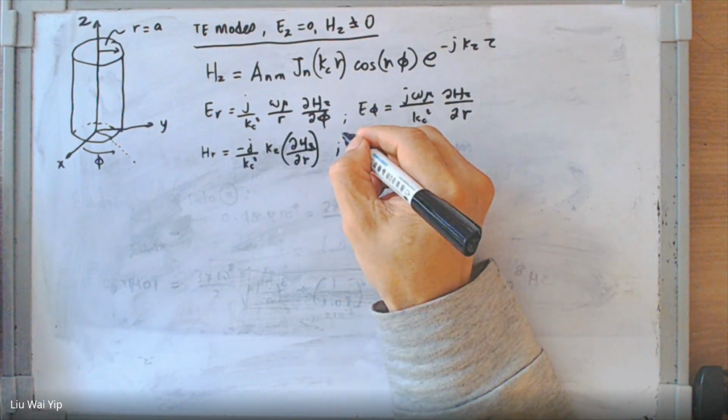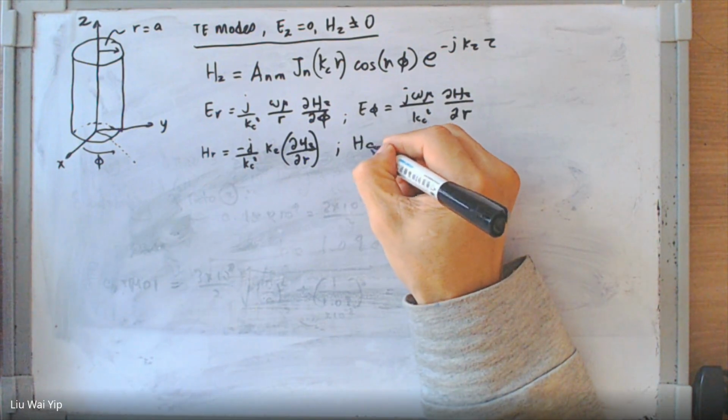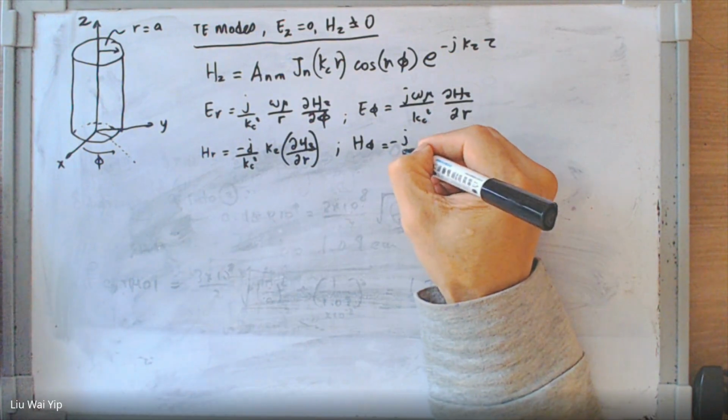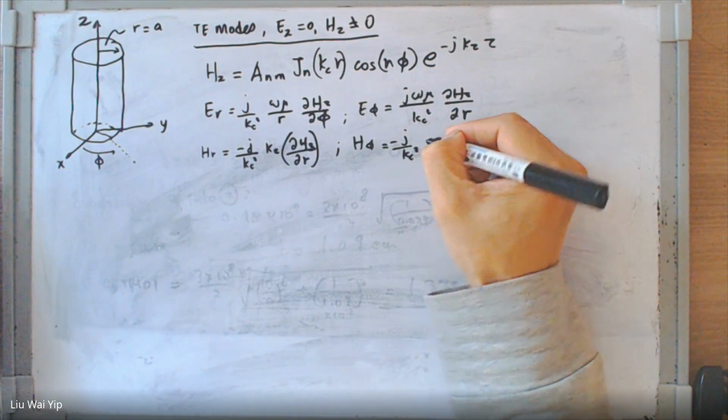And similarly for the circular magnetic field, you can calculate this according to the formula here.